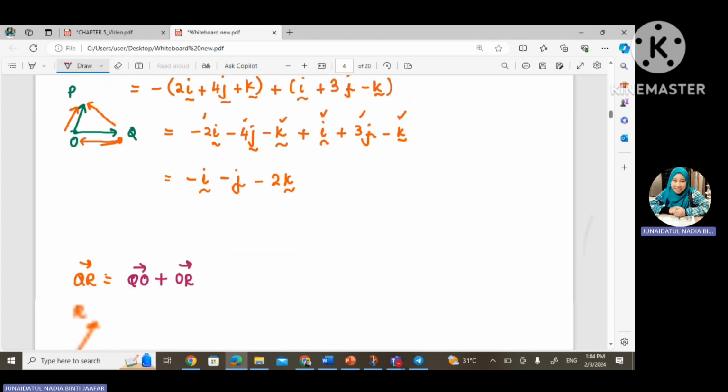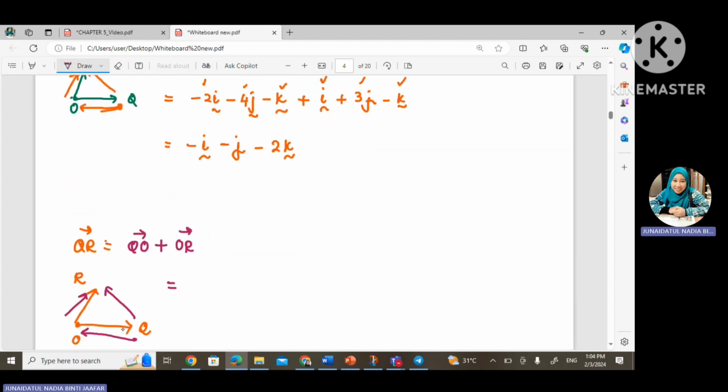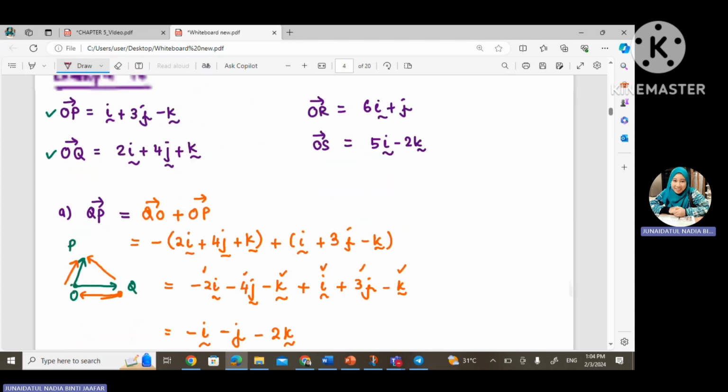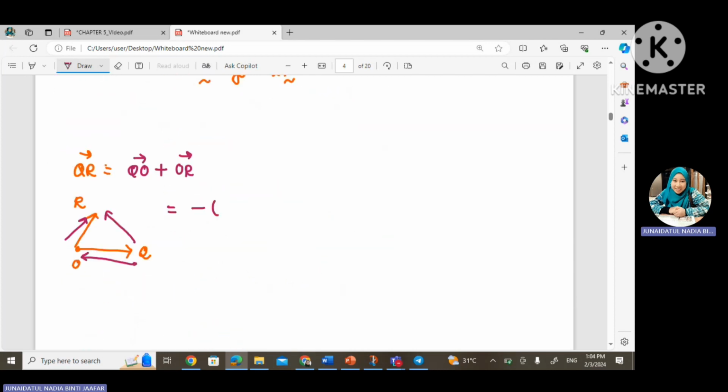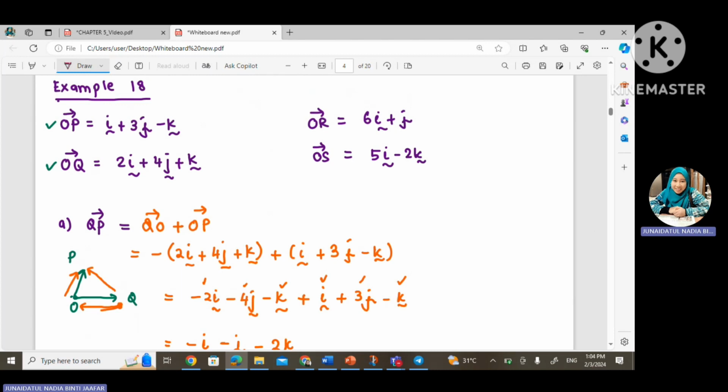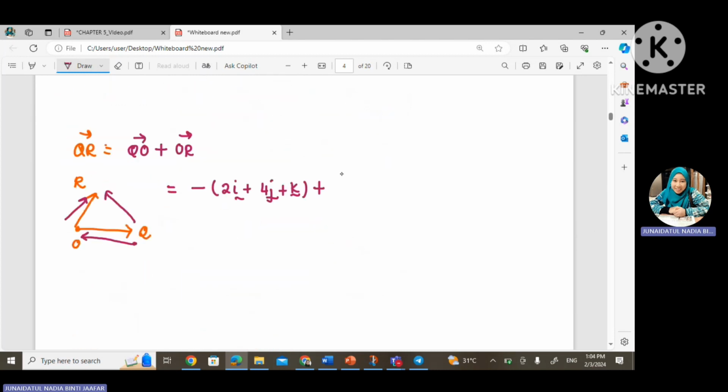QO is in the opposite direction of OQ, so we must put negative and then substitute vector OQ, so 2i plus 4j plus k, plus OR. Vector OR is 6i plus j.